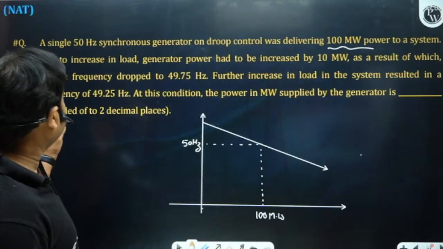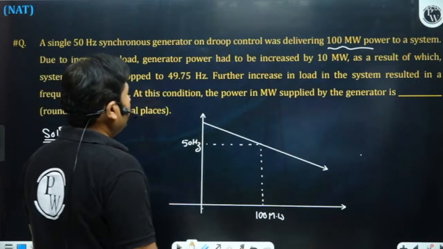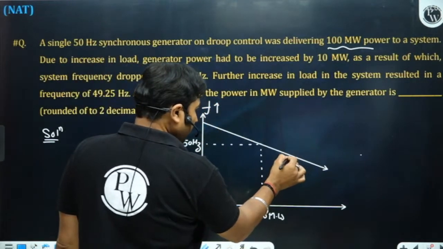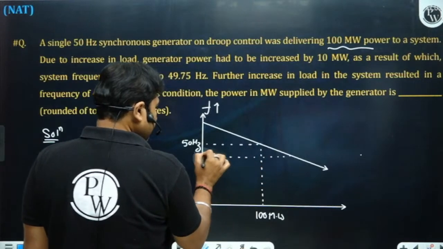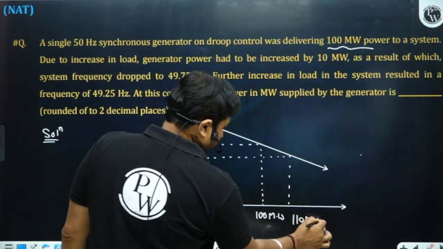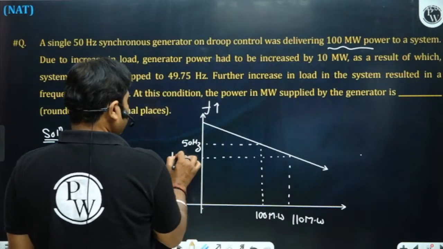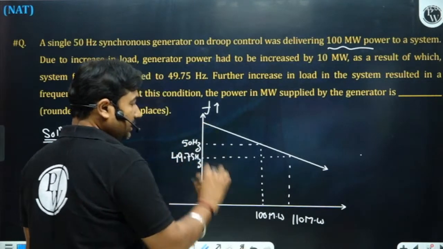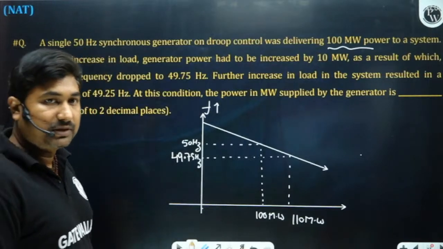As a result of which system frequency dropped down to 49.75 Hz. So when 10 megawatt is increased, then what will the load become? 110 megawatt. So while delivering 110 megawatt, frequency dropped down to 49.75 Hz. Please observe, Ashutosh.